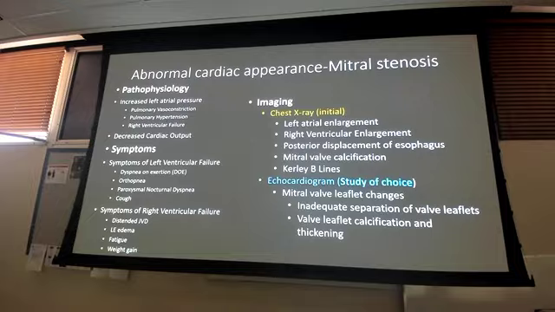If I have congestive heart failure on an x-ray, and I have the symptoms for congestive heart failure, and then I have my x-ray which has left atrial enlargement, mitral stenosis until I prove otherwise, I now have my reason for my CHF. See how that flow kind of works, where these things are now teaching you, based off of the other abnormalities you could see, what might be the cause of that final common pathway. Okay? Echo is going to be your study of choice.